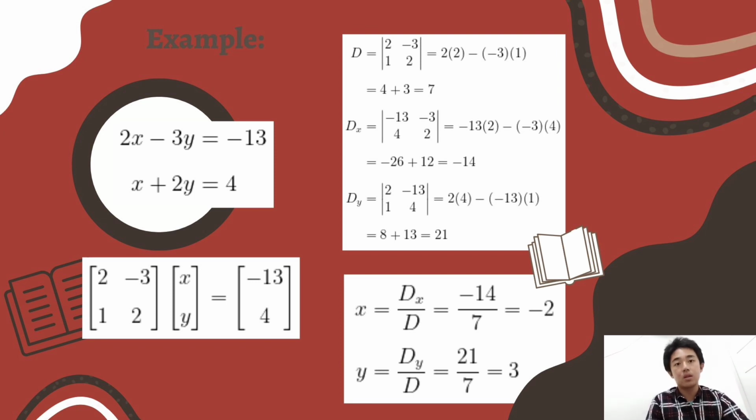Then we multiply: negative 13 times 2 minus negative 3 times 4 gives us negative 26 plus 12, equals negative 14.